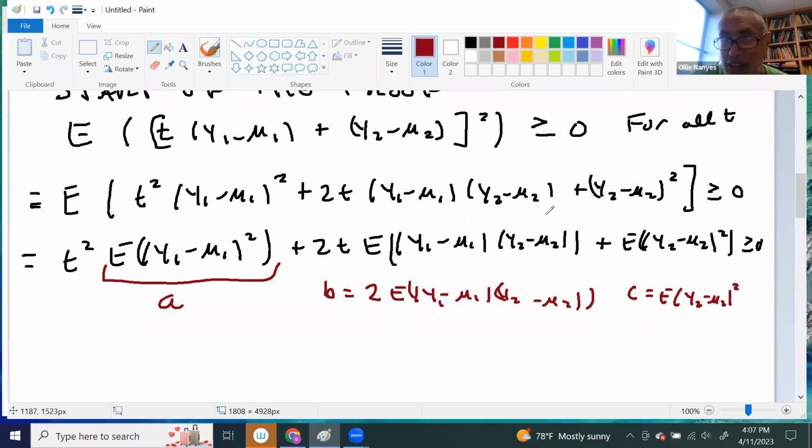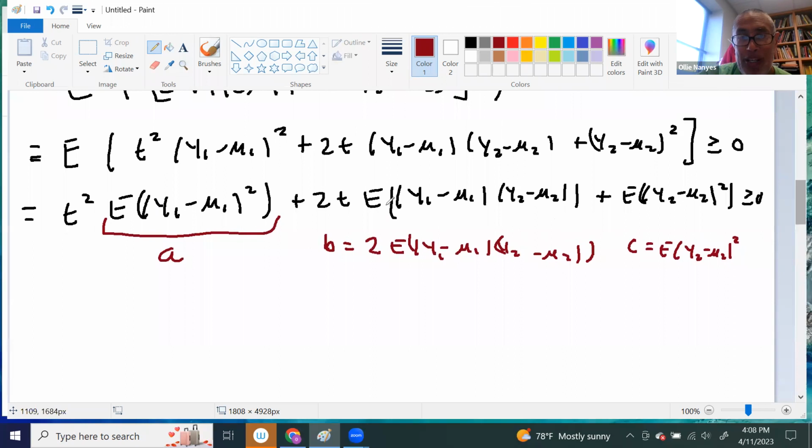And notice that A, the coefficient, is going to be the variance of y1. C is going to be the variance of y2. And notice this middle coefficient is double the covariance. So now we have a polynomial, a t squared plus b t plus c, which is greater than or equal to 0 for all t.